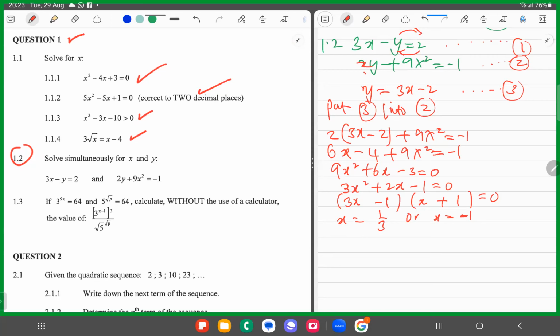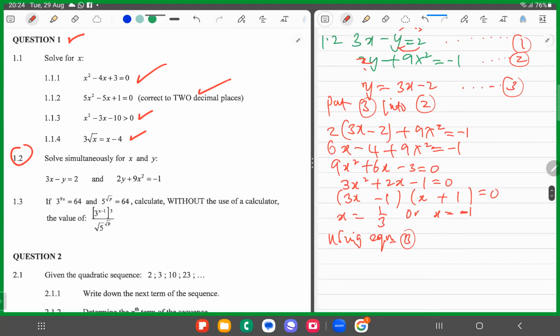Okay, now we use the other equation, equation 3. Equation 3 is the equation that says y is equal to 3x minus 2.